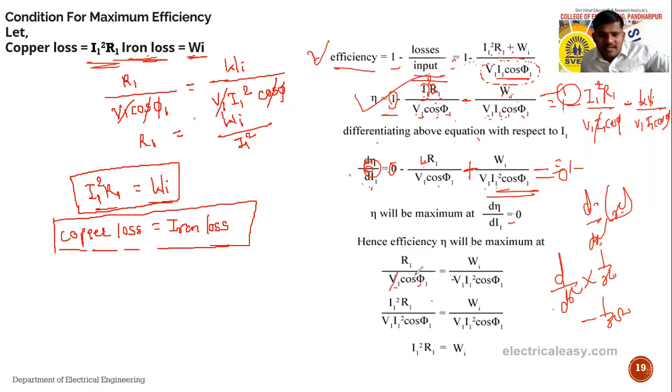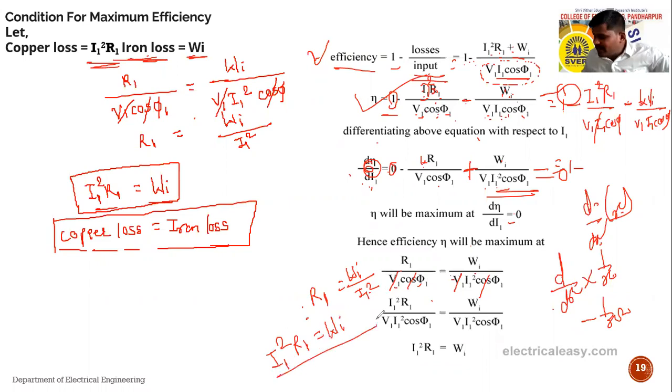This V1 cos of phi 1 cancels on both sides. What remains is R1 equal to Wi divided by I1 square. This I1 square can be shifted to the other side, so the equation becomes I1 square into R1 equals Wi.